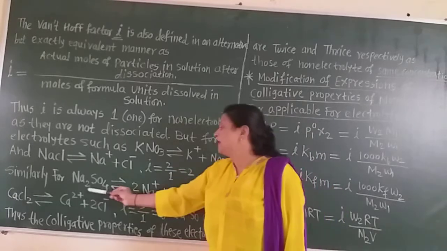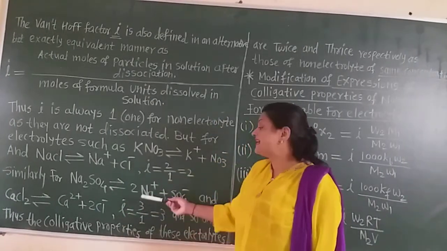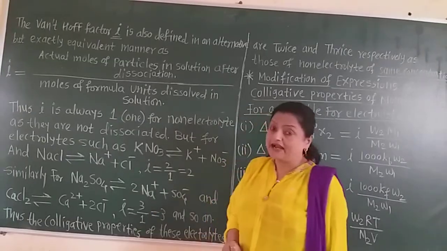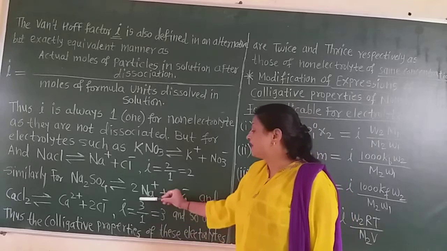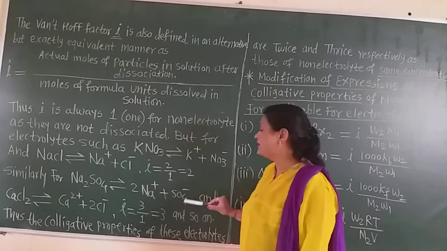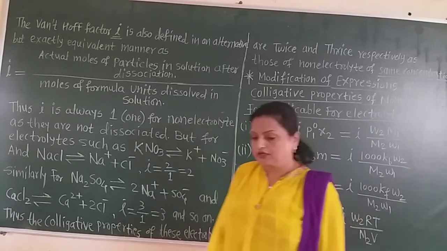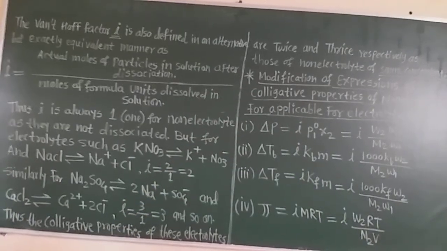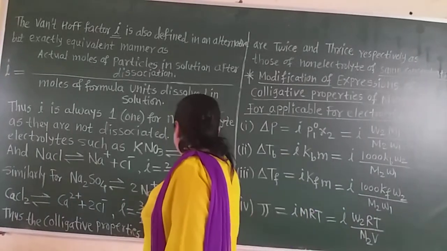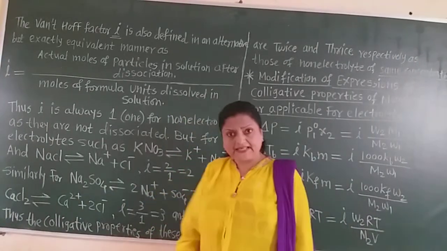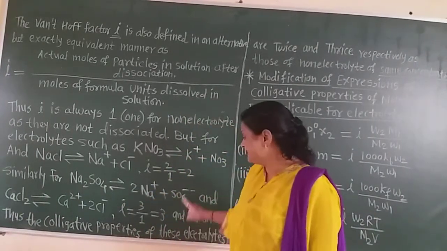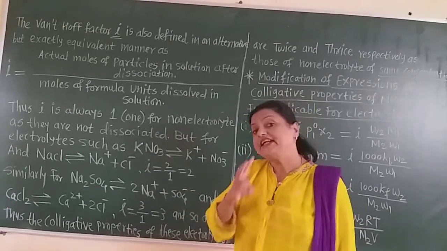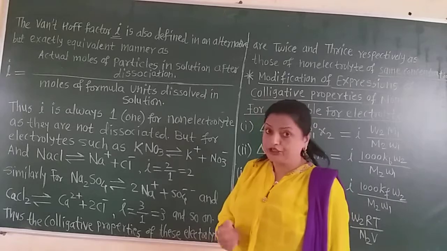But for sodium sulfate, Na2SO4, it ionizes as 2Na+ and SO4 2-, because there are 2 sodium ions, and two negative charges on the sulfate ion. So as this Na2SO4 ionizes in this way, there are totally 2 plus 1, that is 3 ions or particles after dissociation.